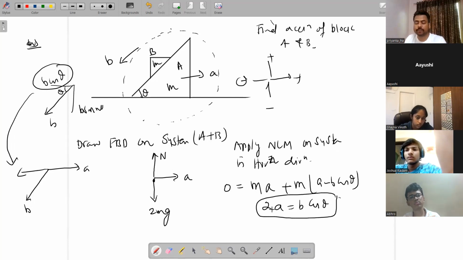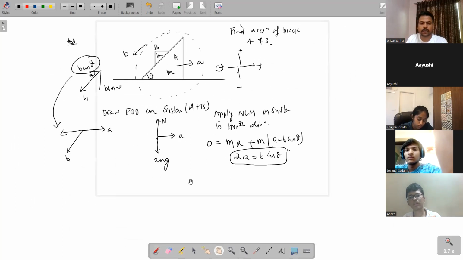But if you apply NLM in a vertical direction, you will get the value of B. First, I'm applying NLM on the system. If I apply the force in a vertical direction, this B has two components, one along horizontal, B cos theta, and one along vertical, that is B sin theta.